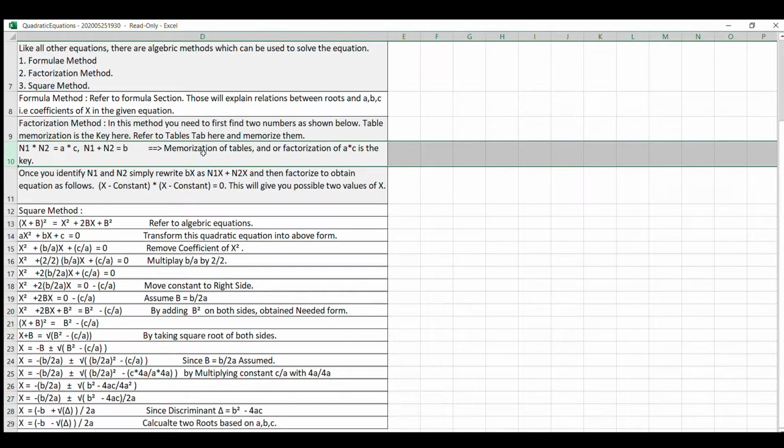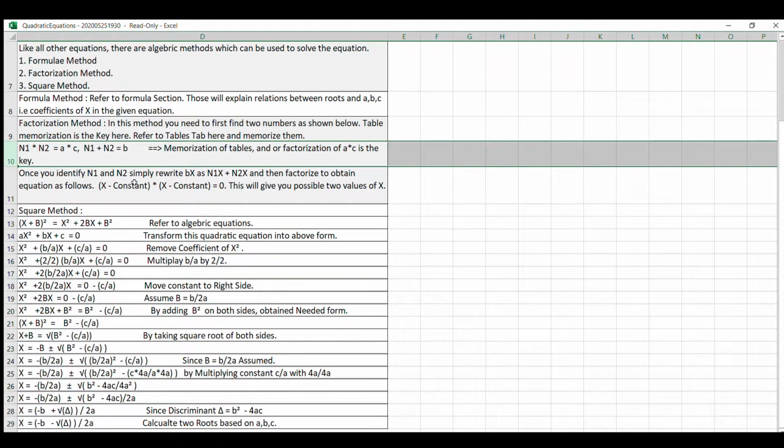And once you do that, then using factorization, you can find x minus some constant into x minus some constant is equal to 0. Now how does this help? Anything multiplied by 0 is equal to 0. So in this case, either this bracket will be 0 or this second bracket will be 0.